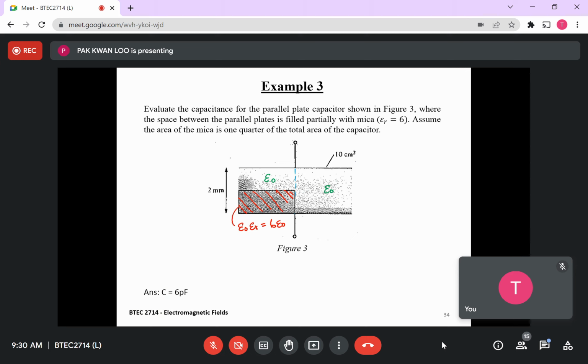So how should this equivalent circuit be? I want you to try to calculate the capacitance. I think it should be quite straightforward. I would like you to try in 10 minutes time, and then I will write down the answer. So please try out.